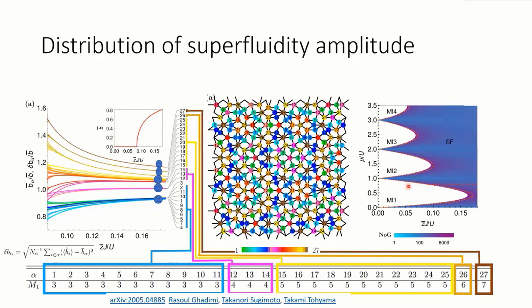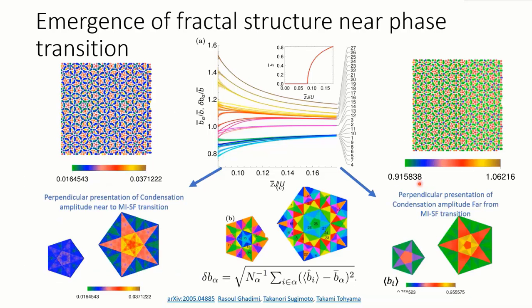Actually, I calculate with accuracy 10 to the power minus 10. So immediately after it takes a non-zero value, it gives this shape for the distribution of the order parameter. Yeah. I don't know.